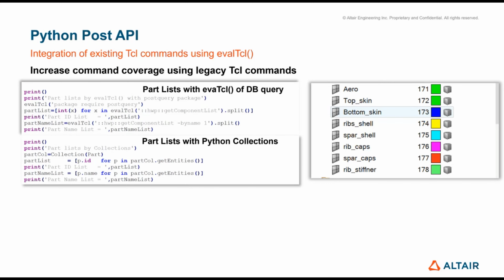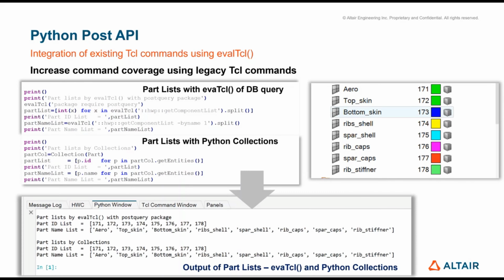Doing this in Python, I created here a part collection of type part. Populate is by default true, similar to HyperMesh. So if I create a collection, it will be full, all the parts will be included. And then I get the lists and print those via Python. So this is the output, as you will see in the console.